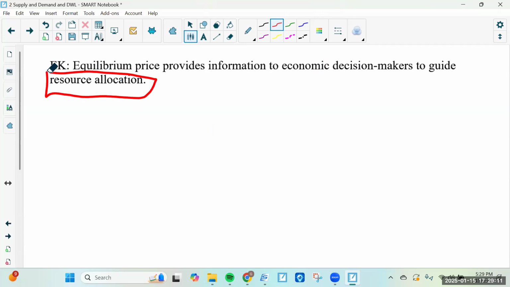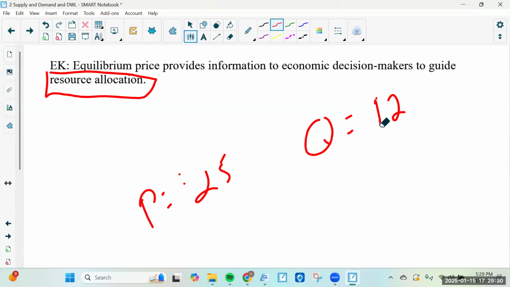Okay, if we are willing and able to buy a basketball, let's say basketballs are $25. Say the price is equal to $25, and the quantity that's bought any given day from a store is 12 basketballs. What's happening is that Q is actually quantity demanded, and it's also quantity supplied.